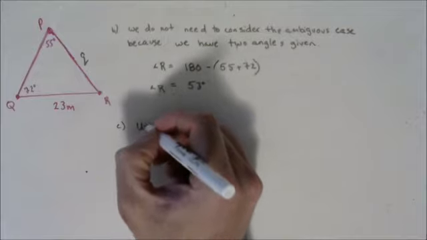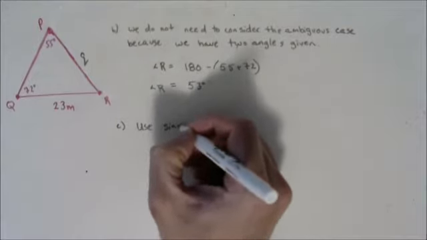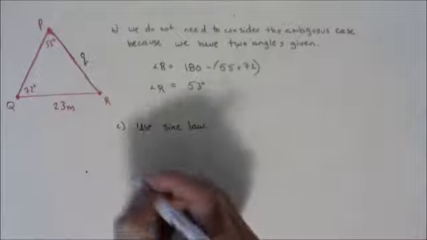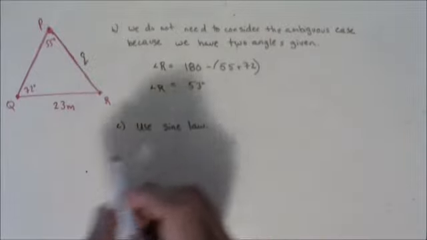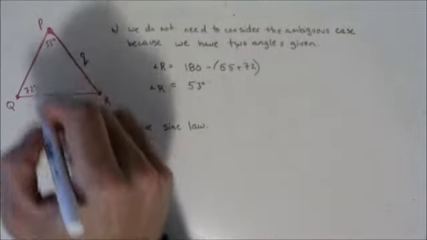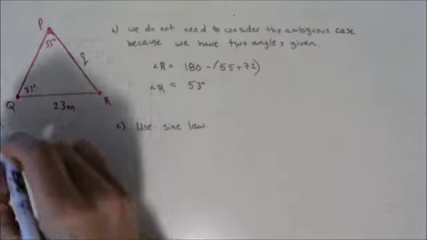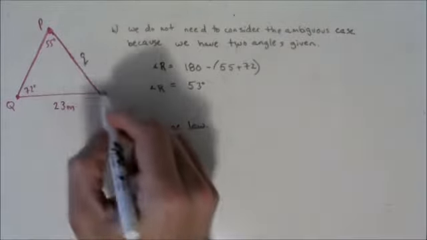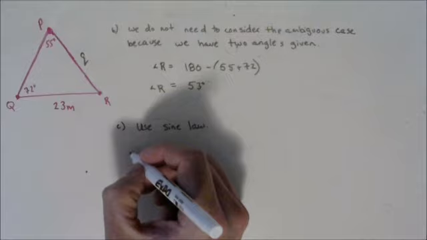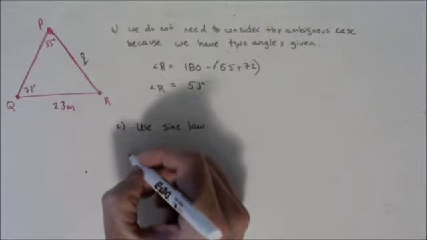Well, we're using angle P and side P, angle Q and side Q, and I'm looking for a side length, so I'm going to put my lowercase letters on top.